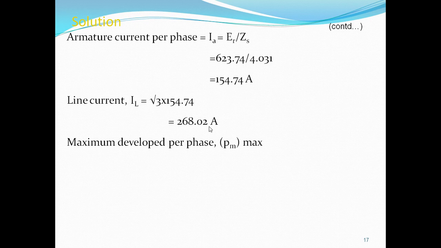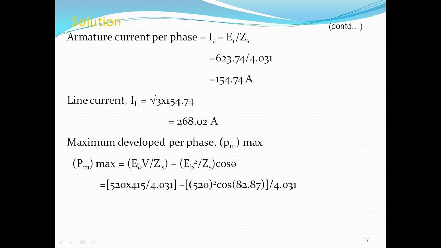So maximum power developed per phase PM is equal to EB into V by ZS minus EB square by ZS cos theta.